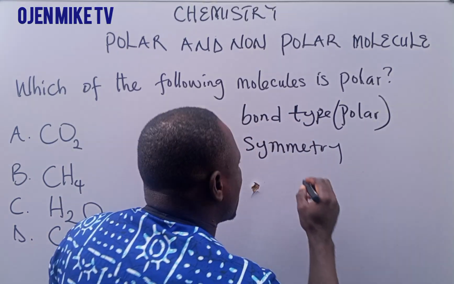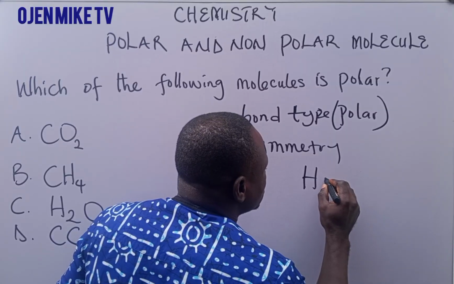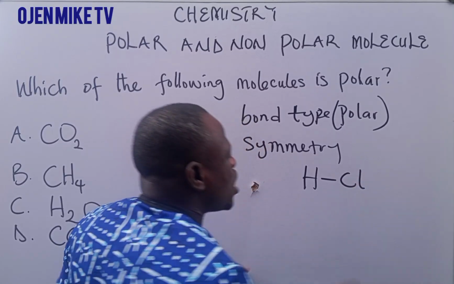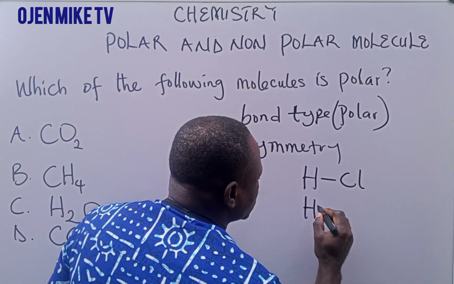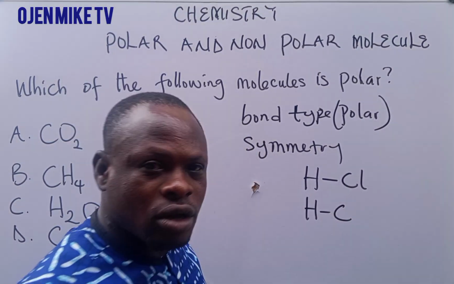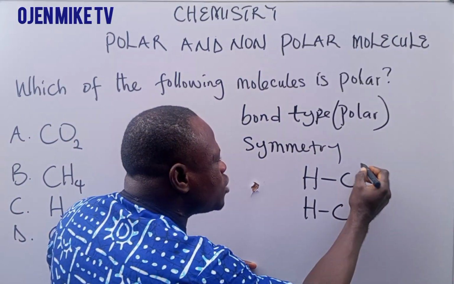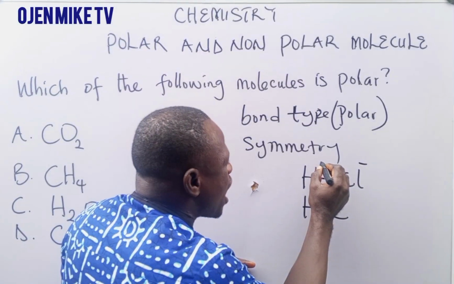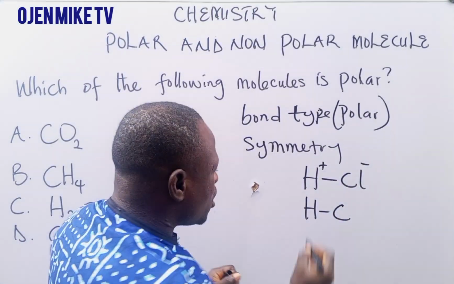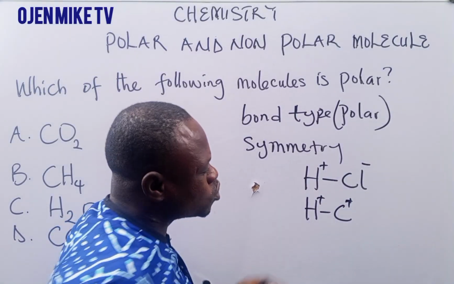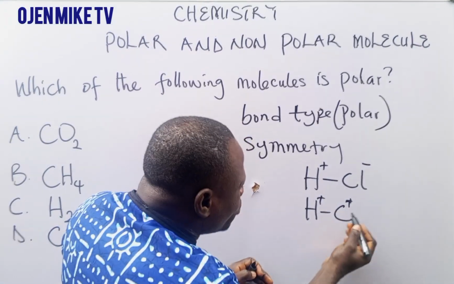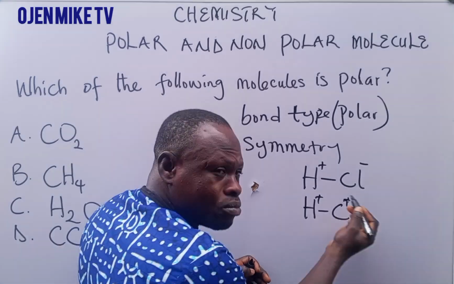For instance, I have a bond between hydrogen and chlorine, and a bond between hydrogen and carbon. You can see that chlorine here is negative and hydrogen here is positive. Hydrogen is positive and carbon is almost positive, so the bond between hydrogen and chlorine is slightly positive and negative.